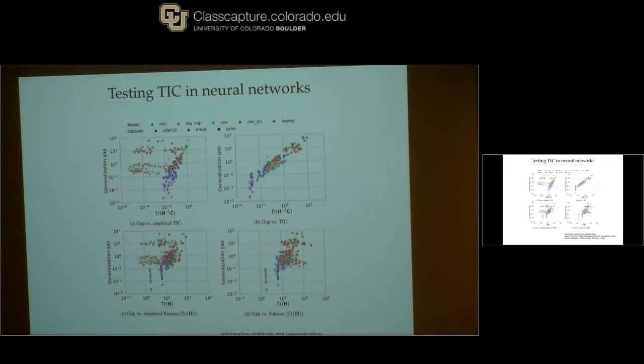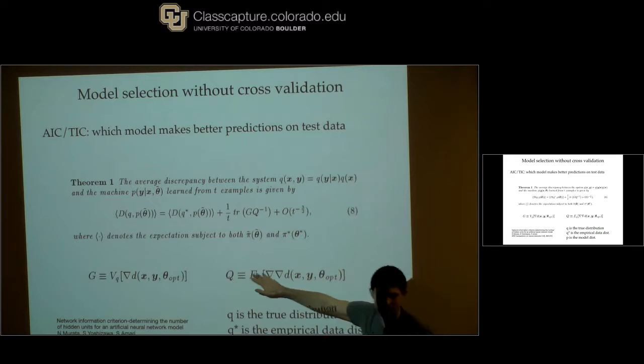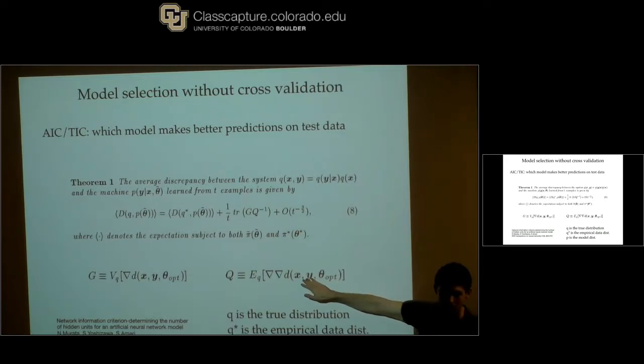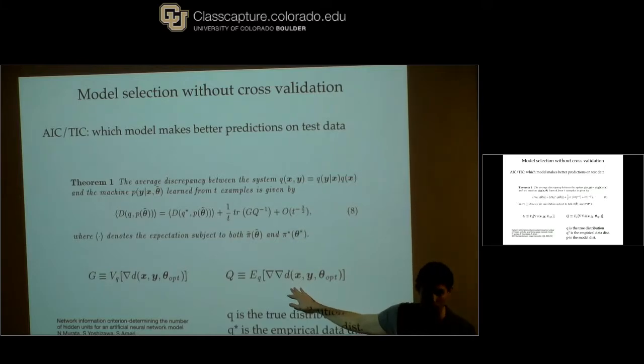Clarify the difference between the tilde, like empirical, and the H tilde and the H. What's the difference between them? Yeah. So I don't have the equations here, but H is the same thing as Q here. Sorry. And this is the Hessian matrix of your loss. So you take two derivatives, and then you have to evaluate your loss on a data set, or you have to take an expectation value of this with respect to some distribution.